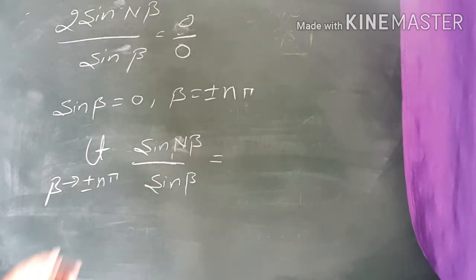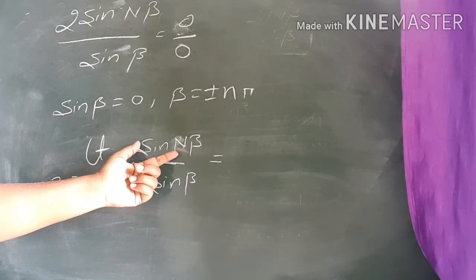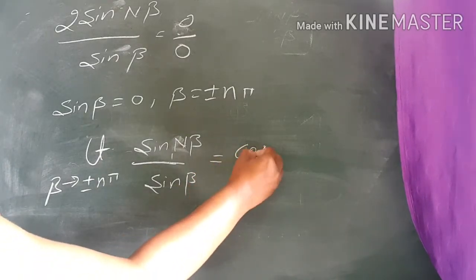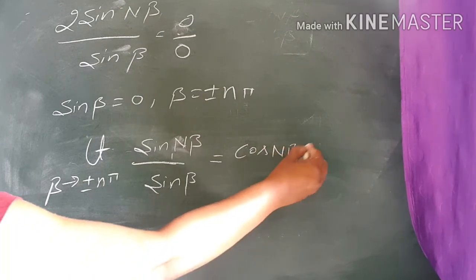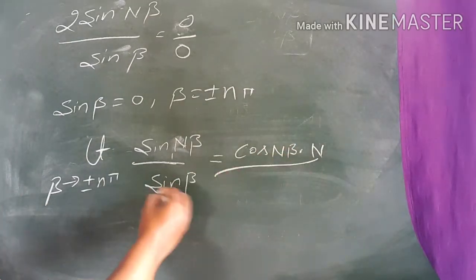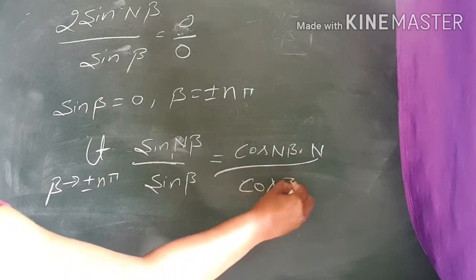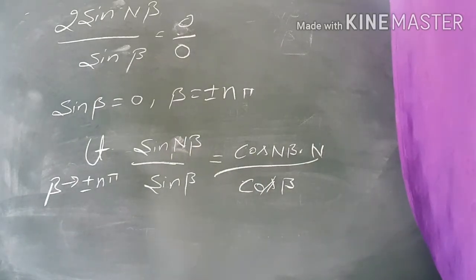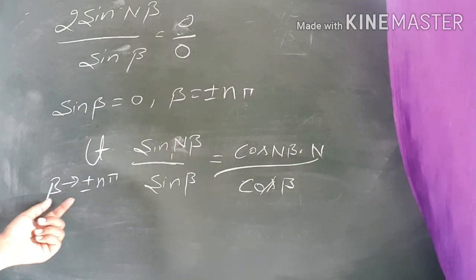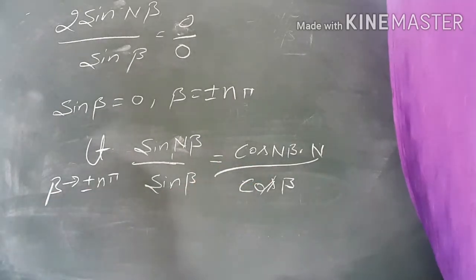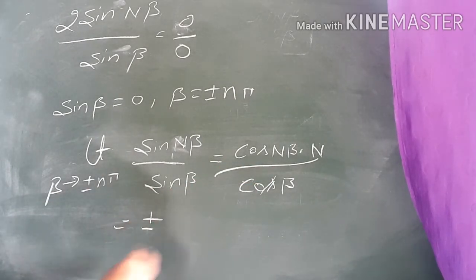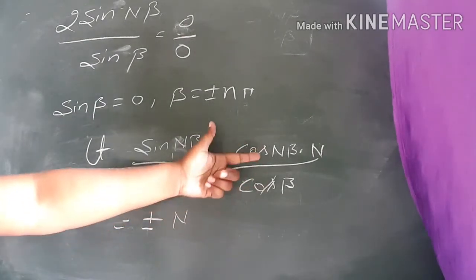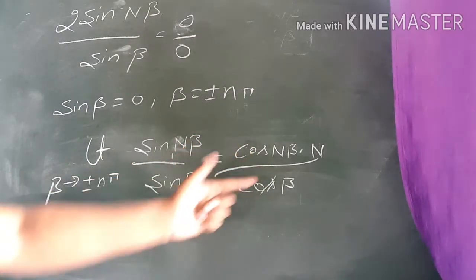So by differentiating this with respect to beta, we have cos n beta into n. Similarly here cos beta. So now for the value of beta equal to plus minus n pi, we have this equal to plus minus n. By putting the value of beta in this equation, we have plus minus n.